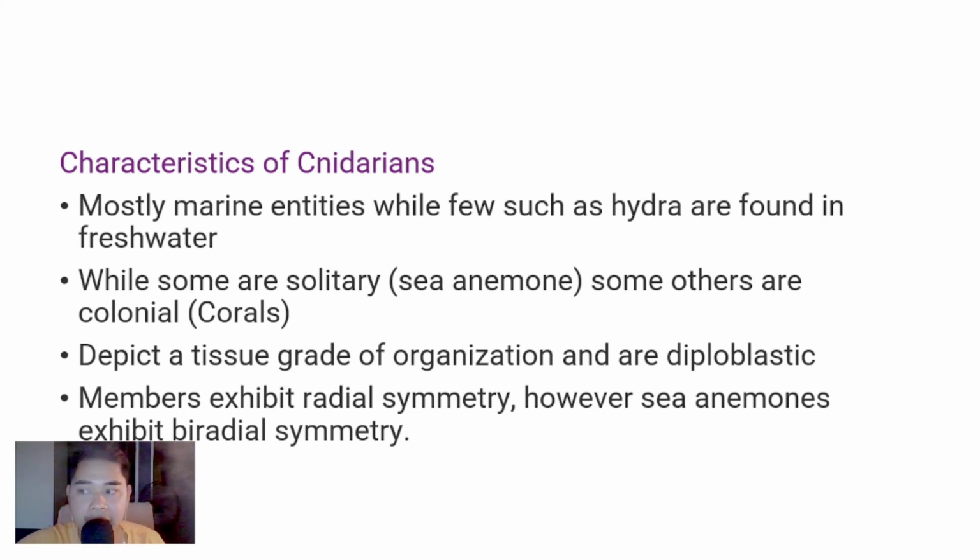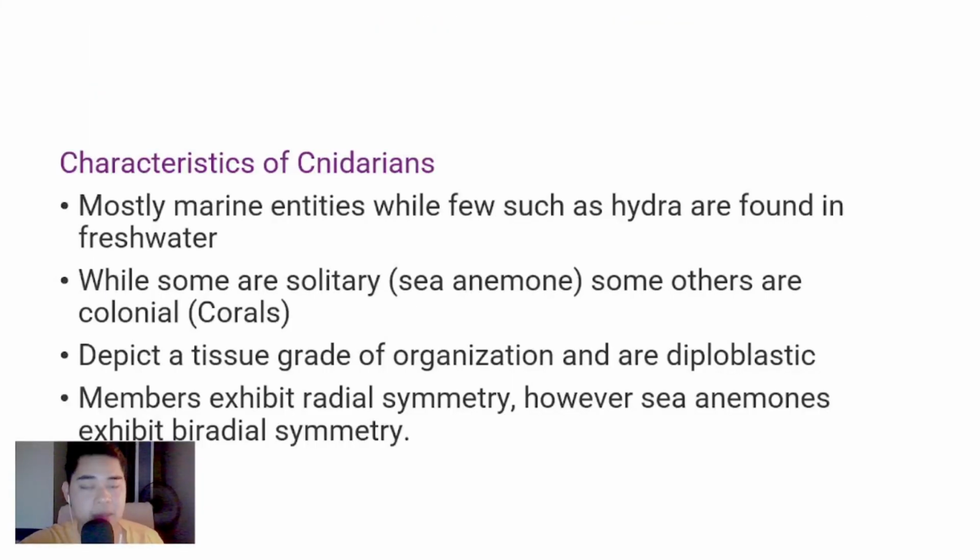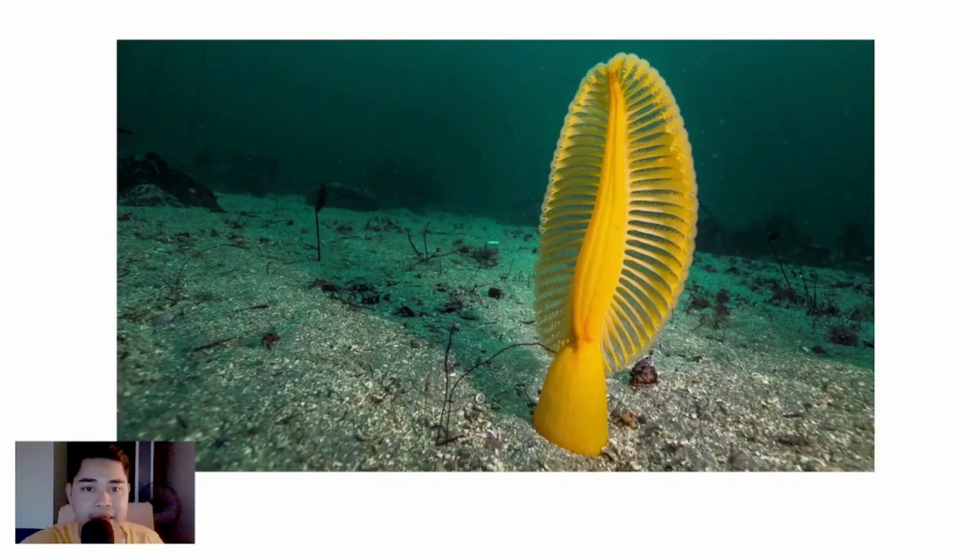As you can see, if you've been to the ocean, you would see groups of creatures, coral reefs, that form a colony in a specific area. But some, just like the sea pens, could survive on their own.